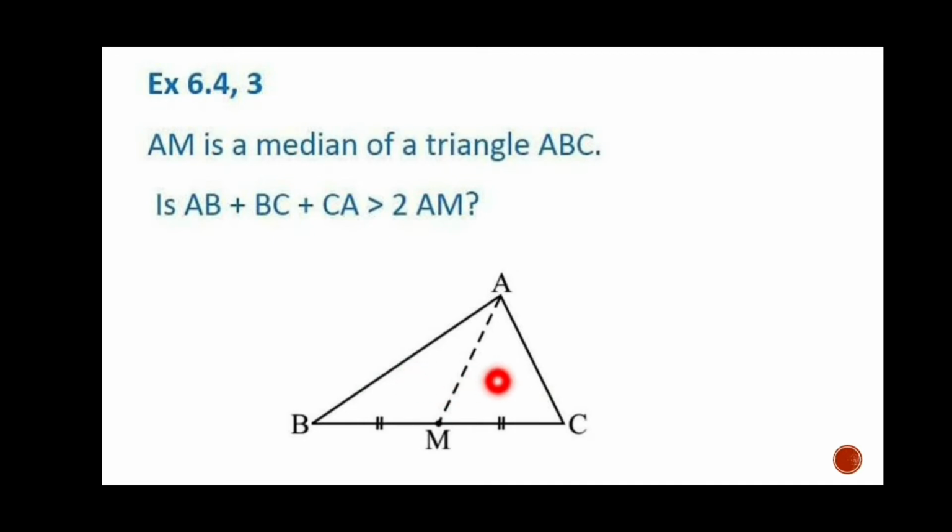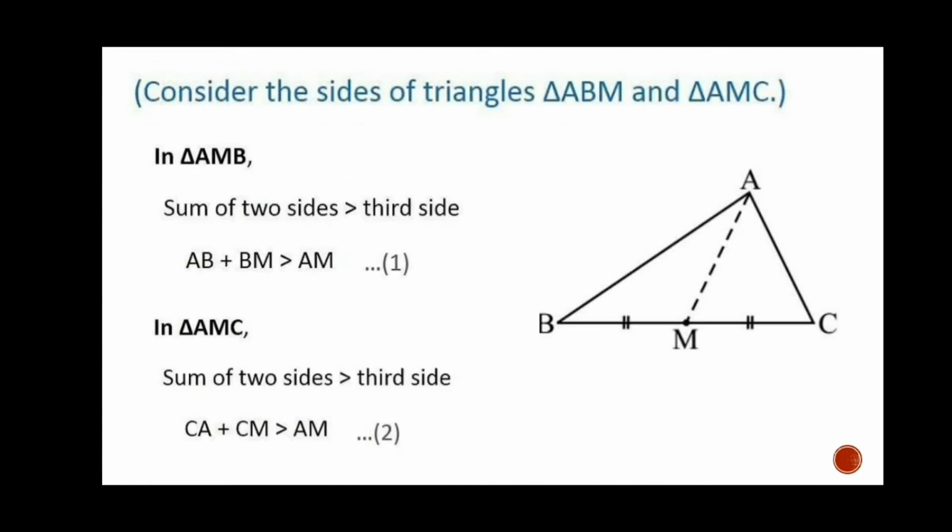Which side is it dividing into two equal parts? BC. So we have to prove AB plus BC plus CA, the sum of the three sides of a triangle, is greater than twice the median, 2AM. So let's see how we are going to prove this.